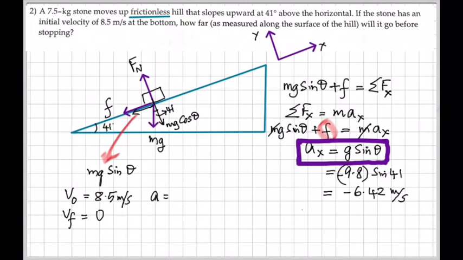All right, so I got a now. And what do we have to find? How far will it go? Isn't that x? What's the relation between these four quantities? An equation that connects these four. We have not used this today.